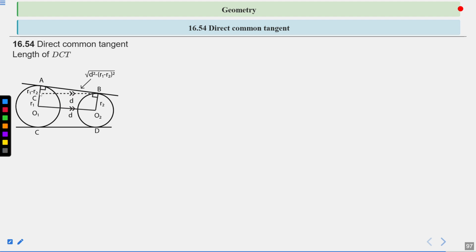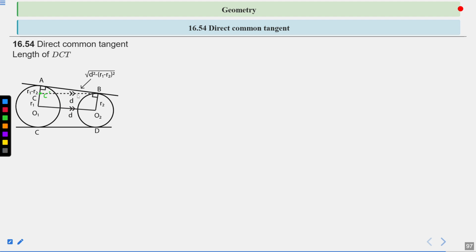When we draw a line from B parallel to O1O2, meeting O1A at C dash, the length of AC dash becomes R1 minus R2, and the length of C dash B is D.